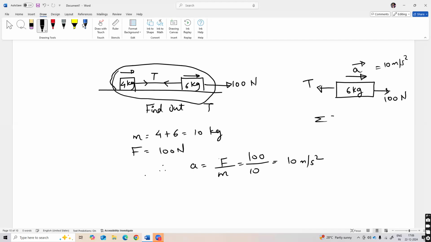So the summation of forces is equal to mass into acceleration. Since the body is moving in this direction, we will consider forces in this direction as positive and forces in the opposite direction as negative. So what we got here is 100 minus T is equal to mass 6 kg into acceleration 10. So 100 minus T is equal to 60, and therefore T is equal to 40 Newton.